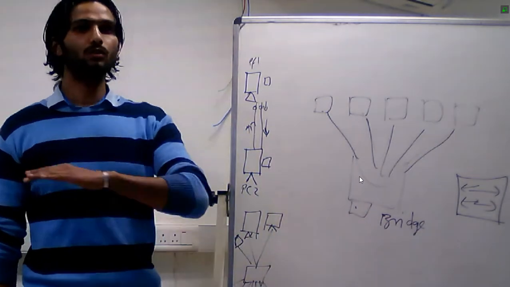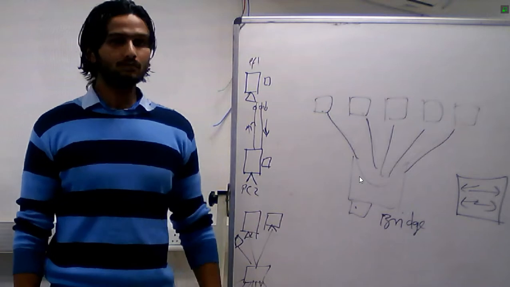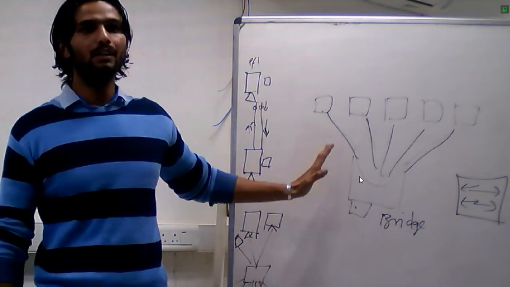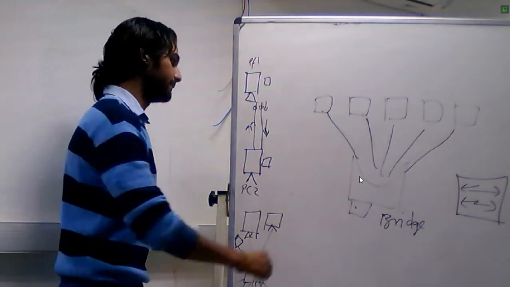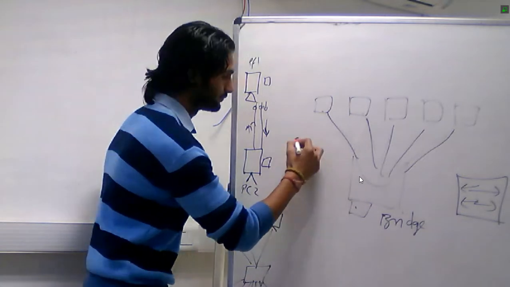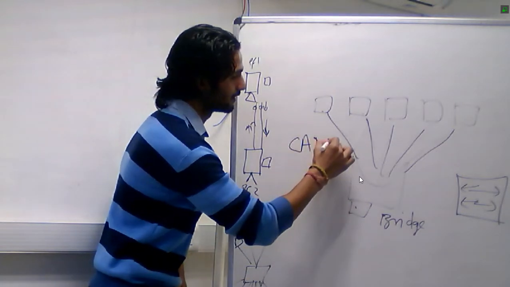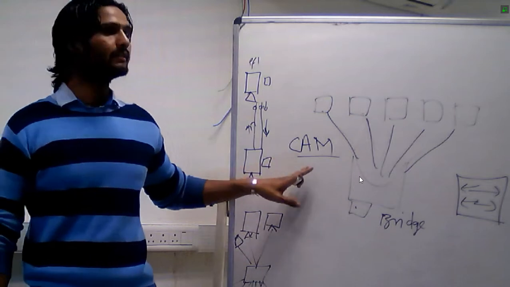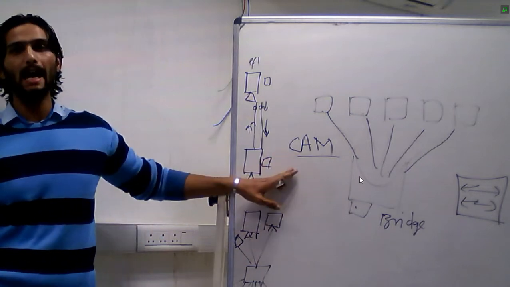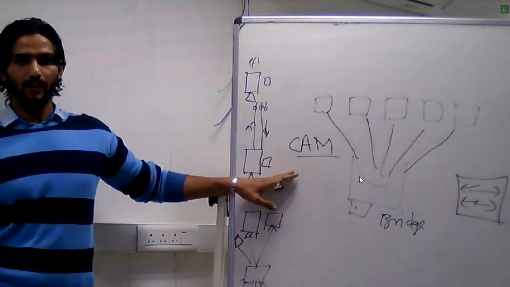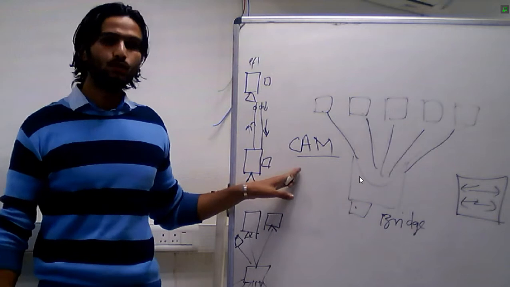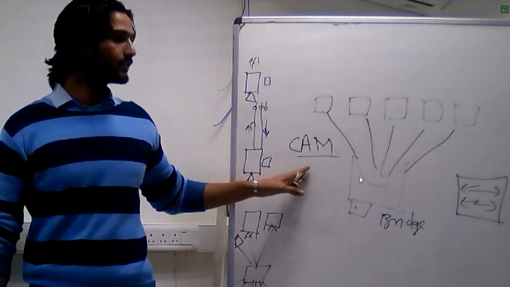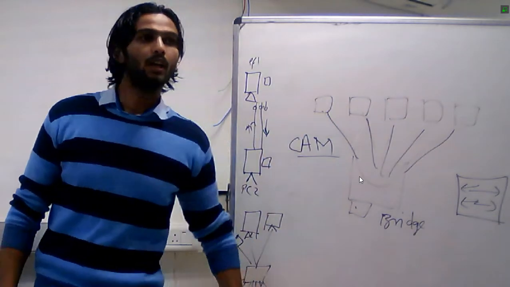Switch overcomes almost all the problems. Switch has its own table that is called the CAM table. What is this CAM table? It is a table where it stores the MAC addresses, like our bridge. It used to store the MAC addresses of all the hosts connected to it.